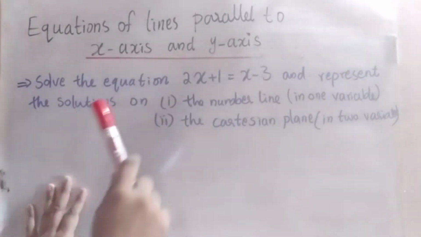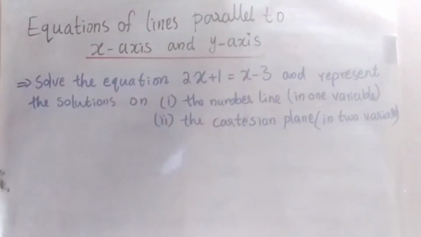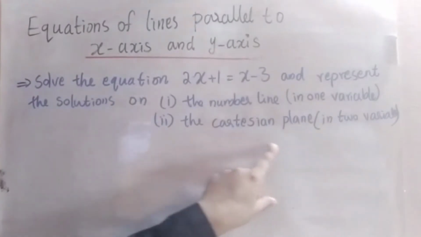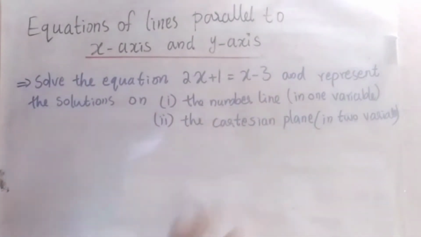Solve the equation 2x plus 1 is equal to x minus 3 and represent the solutions, first on the number line, that means in one variable, and second on the Cartesian plane, that is in two variables. It's very easy.